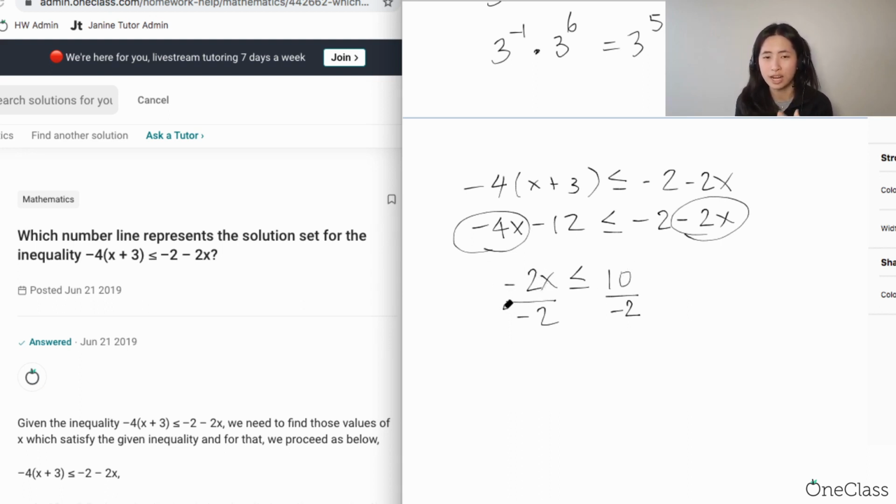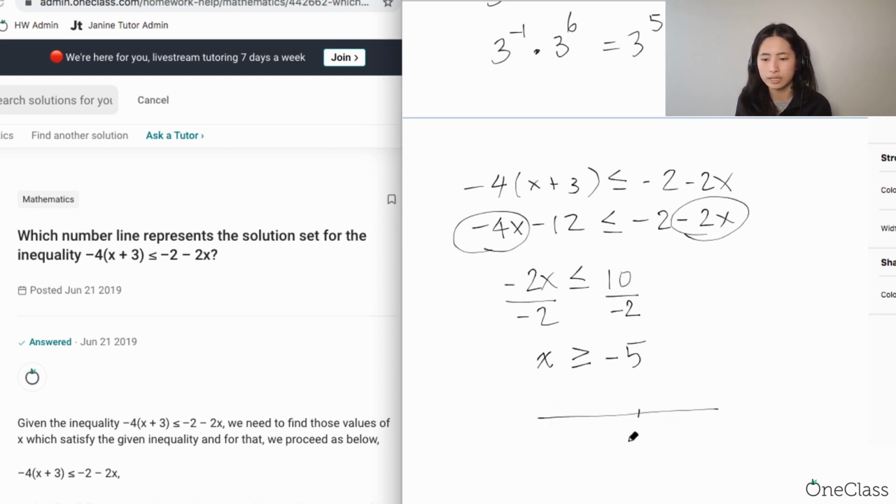If you're dividing your inequality by a negative coefficient, you need to remember to flip the sign of your inequality. So if this was less than or equal to, now this becomes x greater than or equal to -5. The reason we had to flip this is because we're dividing both sides by -2.